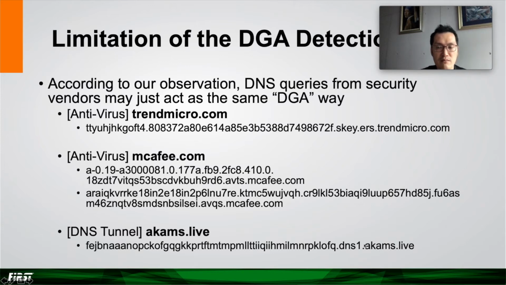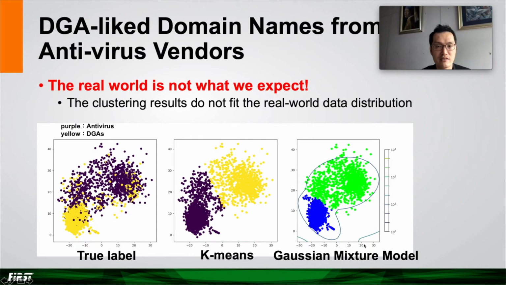Many security companies also behave like DGA, for example Trend Micro and McAfee. They just look like DGA queries. By the way, DNS tunnels also look like the DGA way, as the last one you can see.